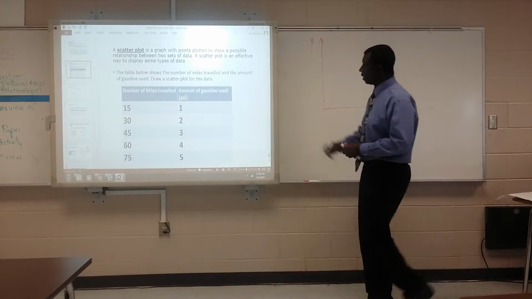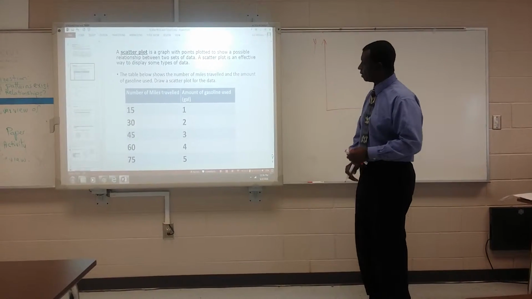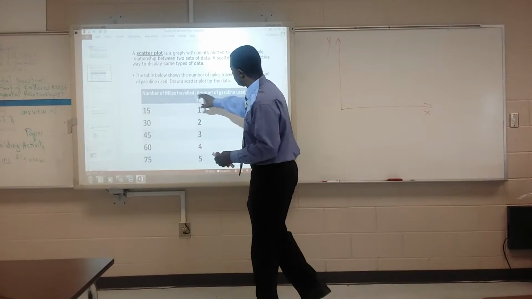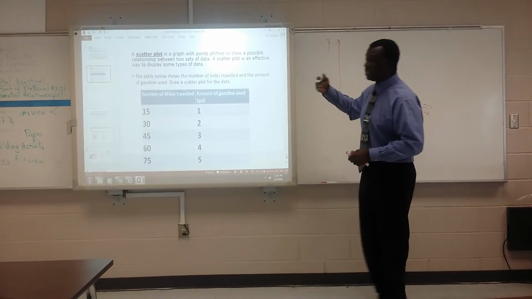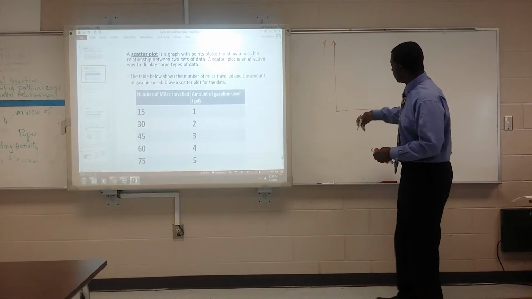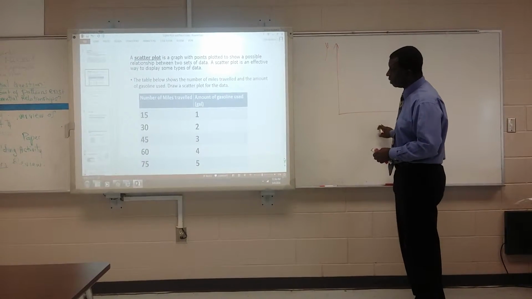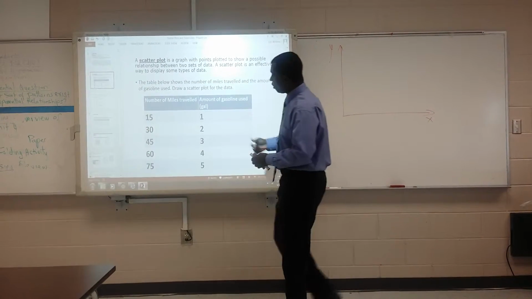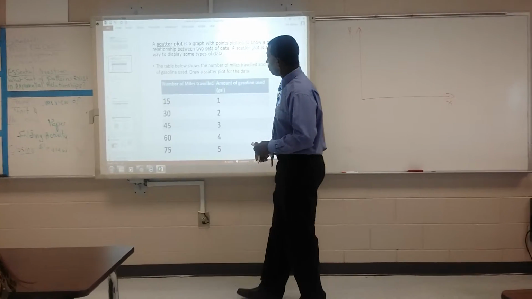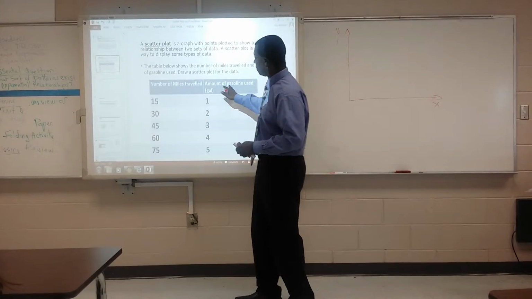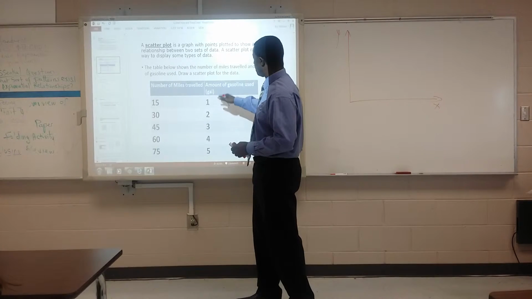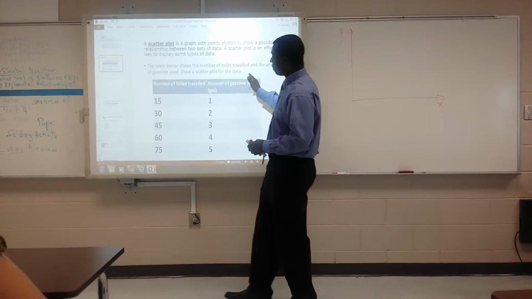Next, we have to label the x-axis and the y-axis. Now we have two variables. We know that the independent variable always is labeled on the x-axis, and the dependent variable is always labeled on the y-axis.